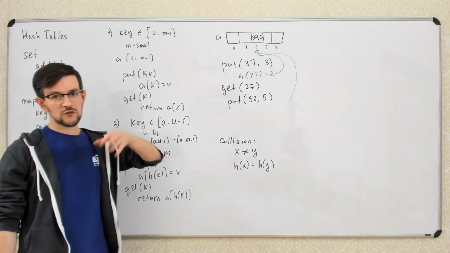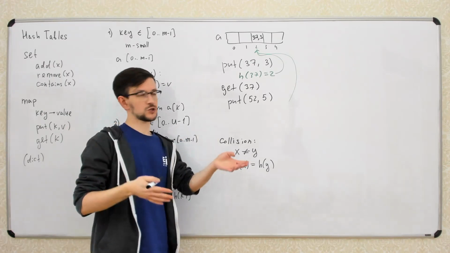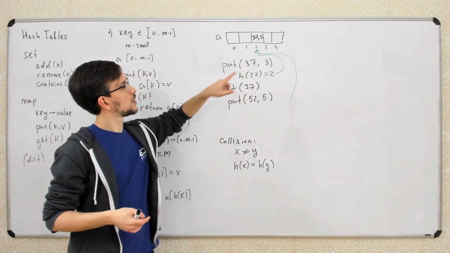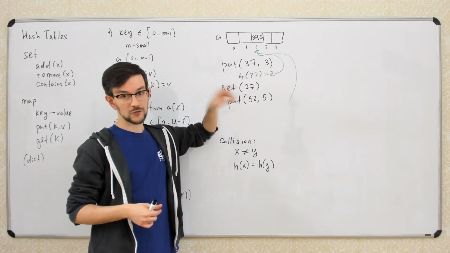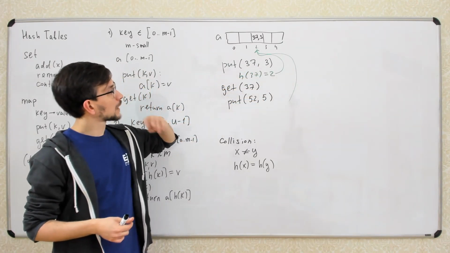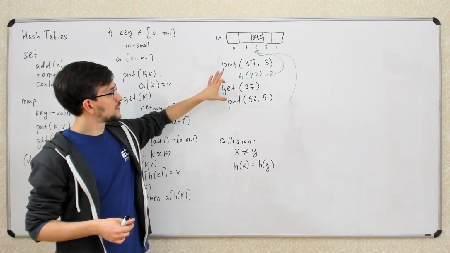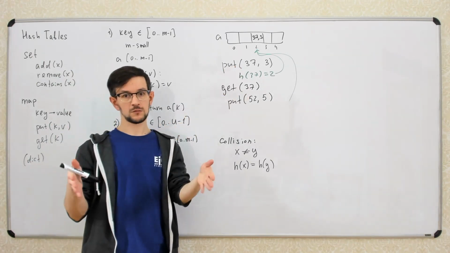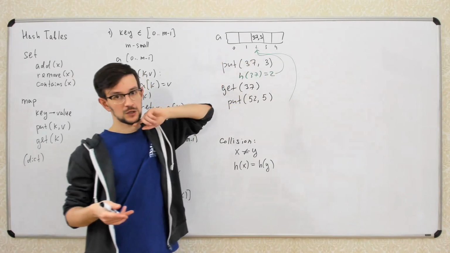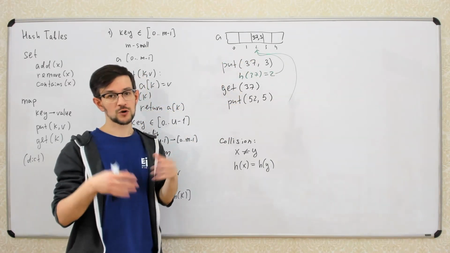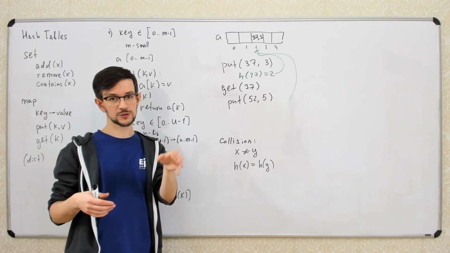So again, you want to have a map from integer to integer. You need integer 37 to map to 3 and 52 to map to 5. But these two keys have the same hash value, so you look in the same cell of this array. So we somehow need to store these two values in the same cell.